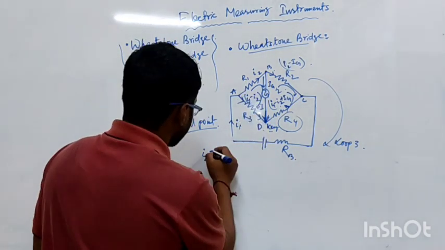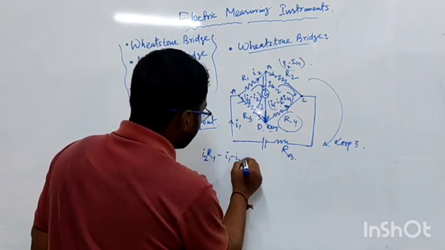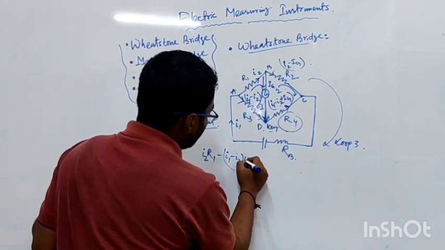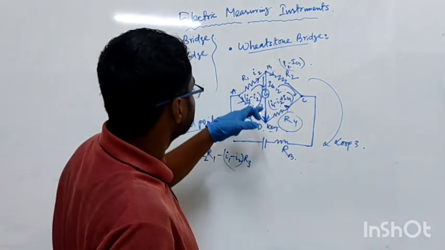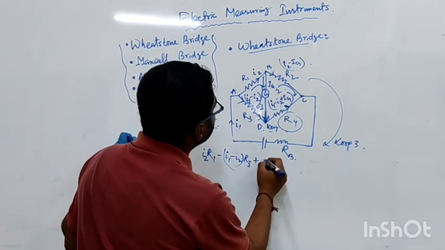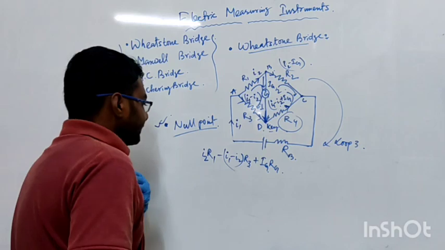So from the first loop we can get R1 minus I1 minus I2 into R3 plus IG into RG.